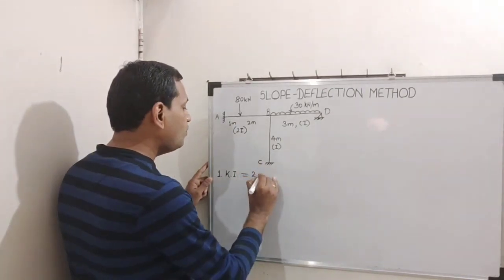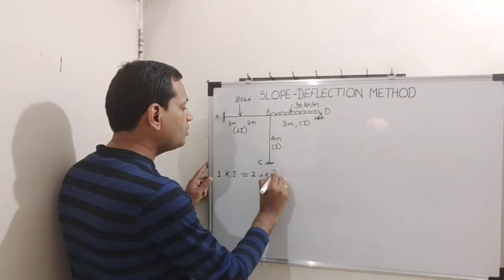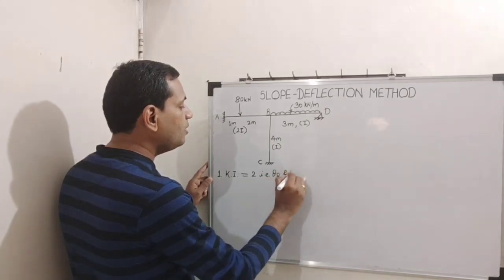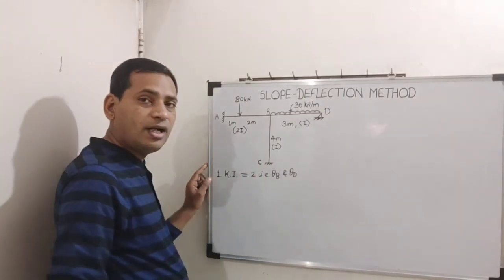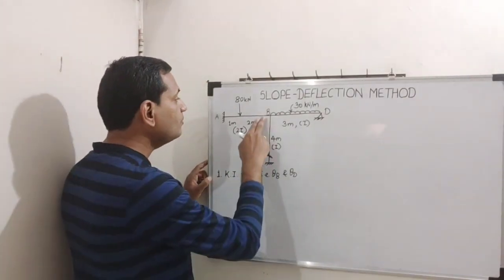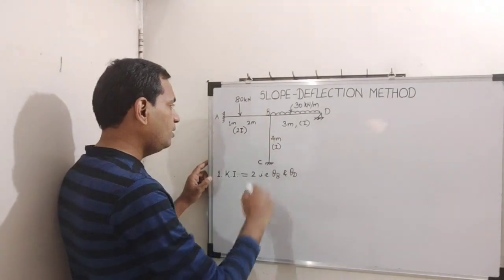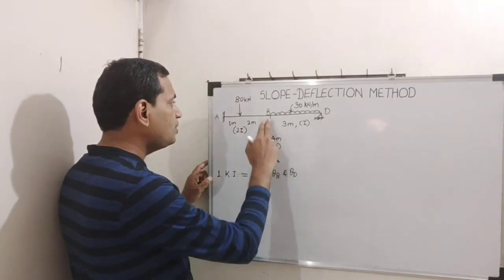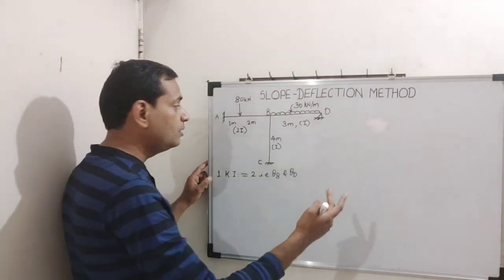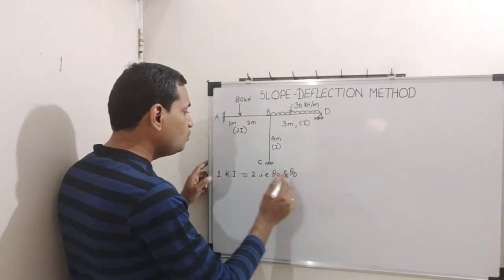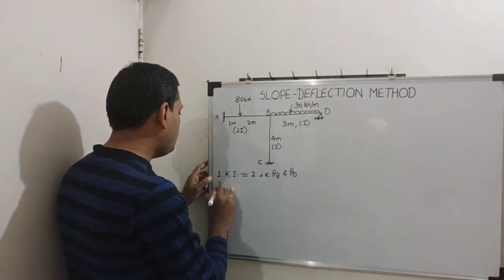Which are those two unknown displacement quantities? One is theta B and another is theta D. A and C both are fixed ends. B is intermediate end. So this is actually hinge and this is one hinge given in the problem. So these are two unknown displacement quantities.